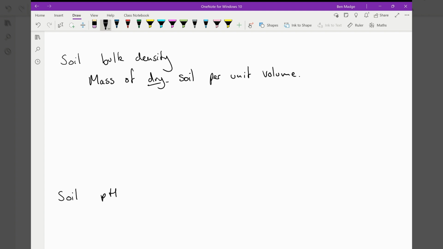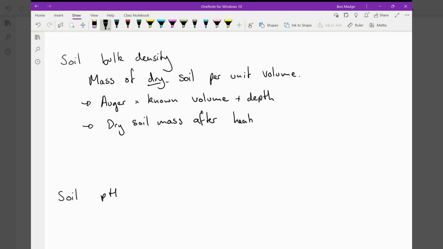All right, so we use the auger to give us a known volume, because it's a fixed cross section, and we push it into a known depth. Okay, and then we follow the procedure above to work out our dry soil mass after heating at 100 degrees C. So that's a really nice and easy one.